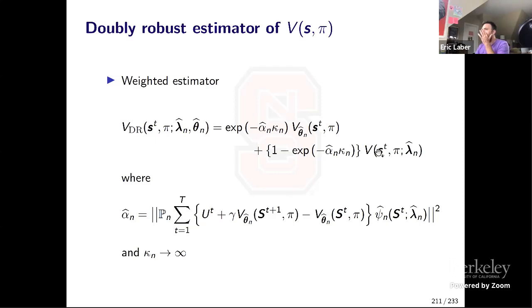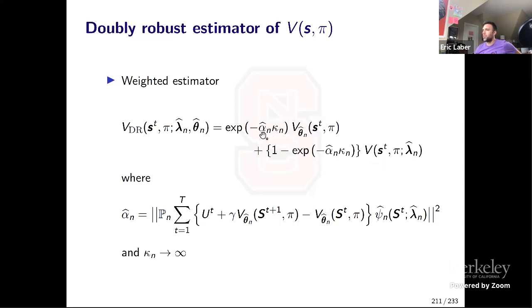And so what you'd like to have happen here is that if the model's right, then you would like this term to go to 0, right? And so you put all your weight here. And if the model's wrong, you'd like alpha hat times kappa to go to infinity. And so e to the minus that would go to 0. And so then all your weight would go here.